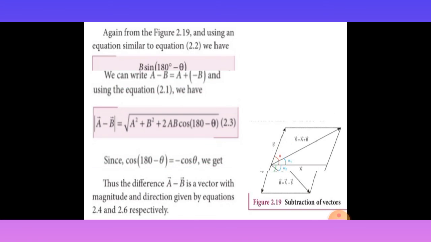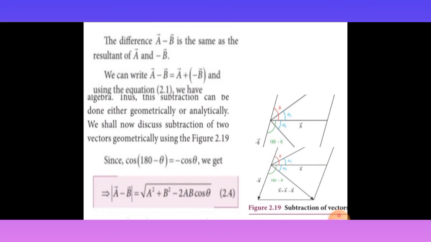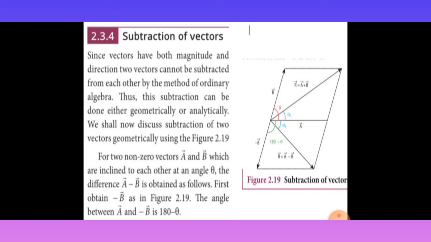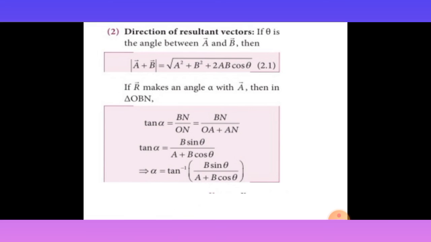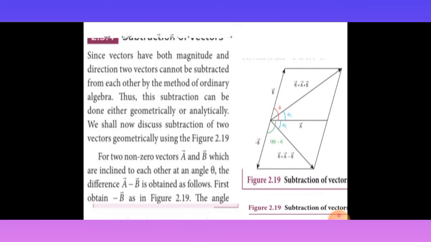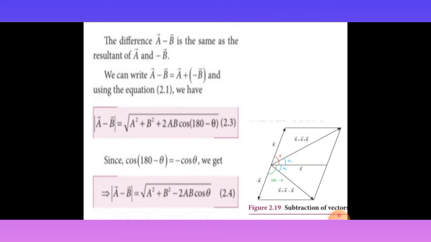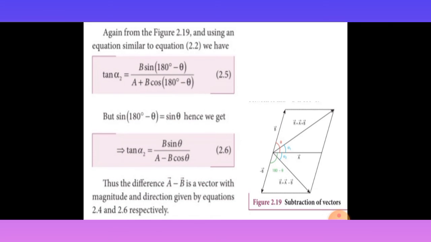Okay, so by using this equation, we can write the value of tan alpha. Tan alpha 2 is equal to b sin 180 degree minus theta divided by a plus b cos 180 degree minus theta.